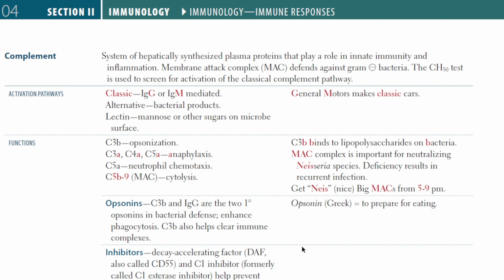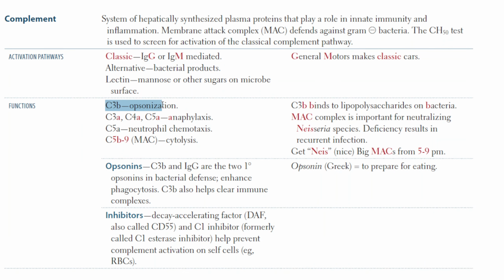Let's do a real quick recap. CH50 is the screening test for activation of the classical complement pathway. The classical complement pathway is IgG and IgM mediated. C3b is for opsonization. C3a, C4a, and C5a are for anaphylaxis. C5a itself is for neutrophil chemotaxis.